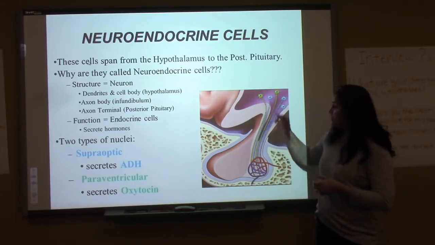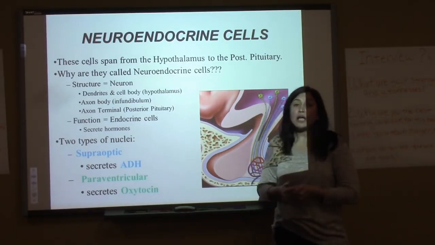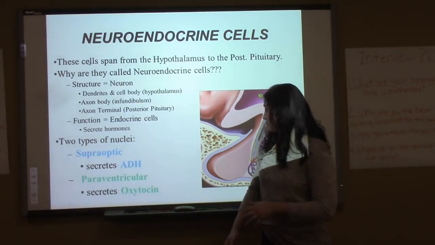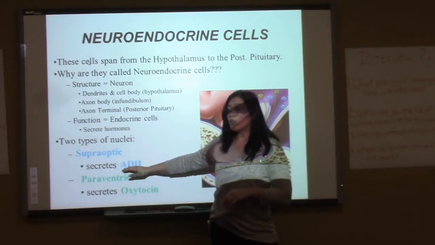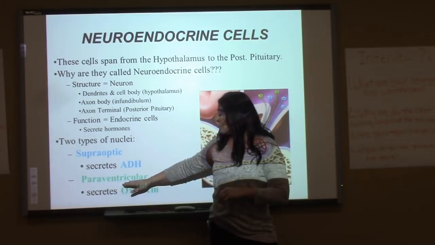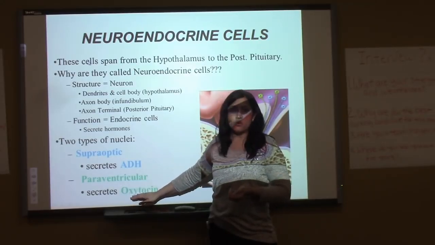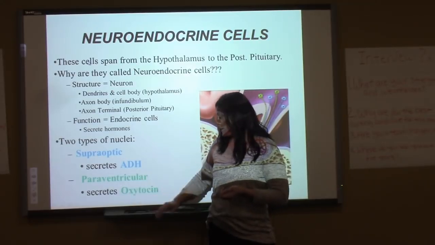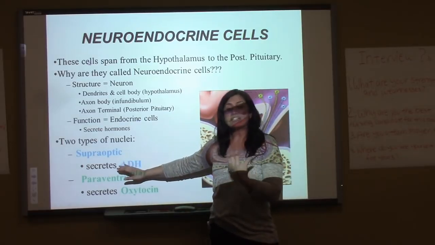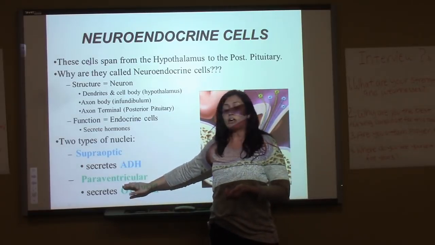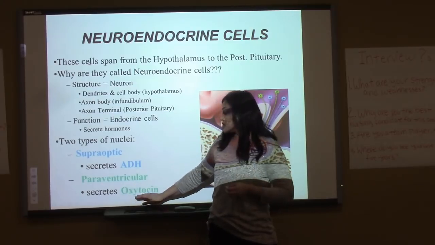There is the green and the blue, because they're two different types of nuclei, or cell bodies. So, supraoptic produces and secretes ADH, paraventricular produces and secretes oxytocin.